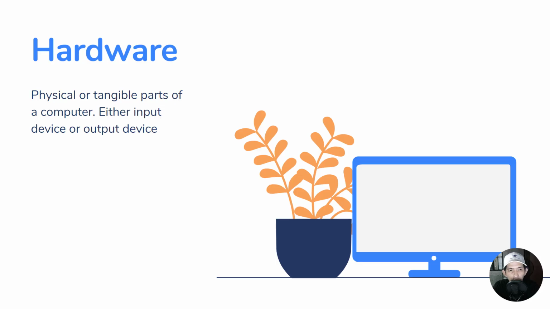Hardware categorizes dun sa tinatawag natin na input device or output device. And then we have also what we call storage devices. Ayan. So they are storage devices capable to handle or to keep data dun sa device na yun.